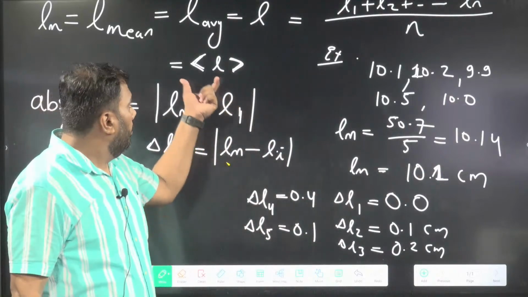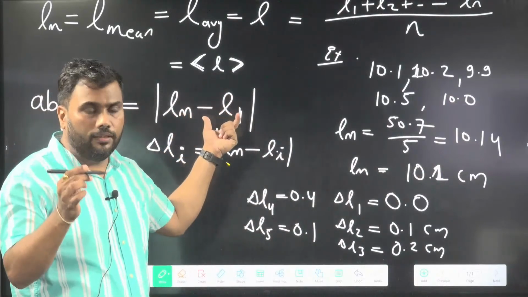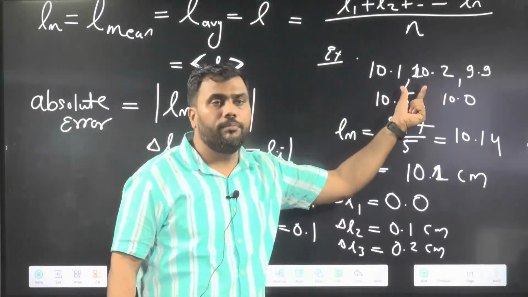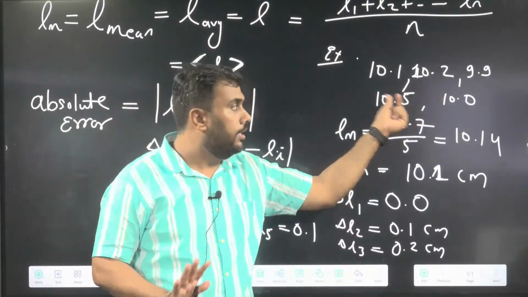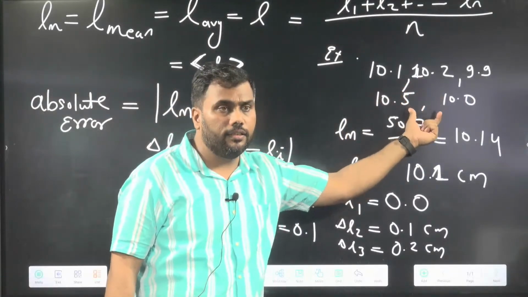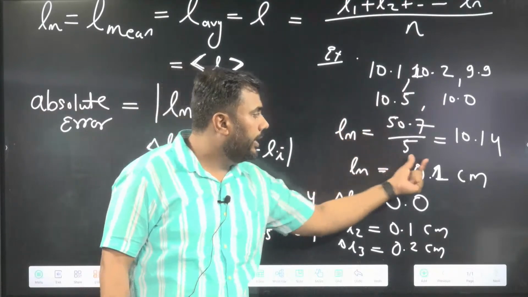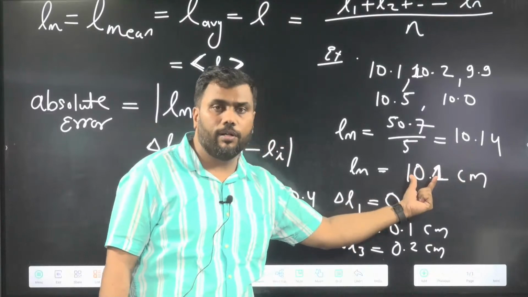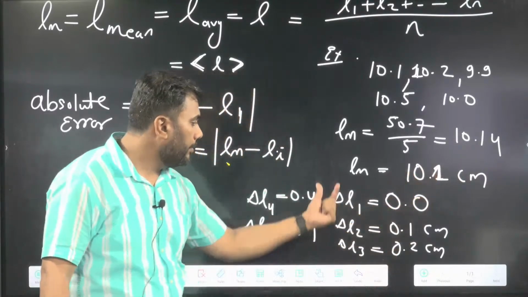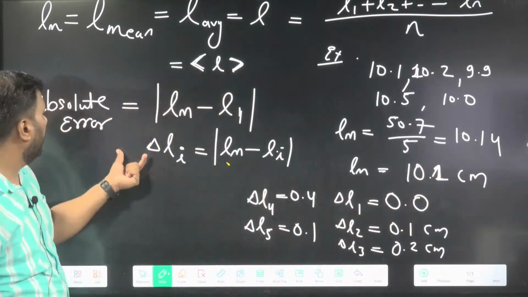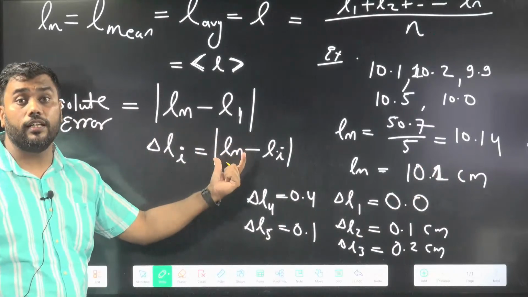So, we are measuring the length of a pen. Suppose, for example, I am measuring the length of the pen 5 times. These are the 5 readings that I am getting. To report the length of the pen, I am calculating the mean value of the length in the correct number of significant figures. Then I am calculating the absolute error in every measurement. How to find the absolute error in every measurement?